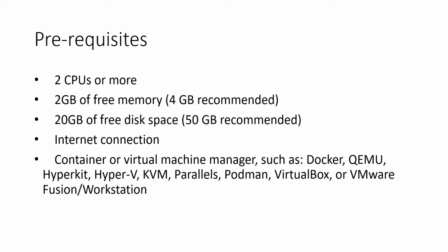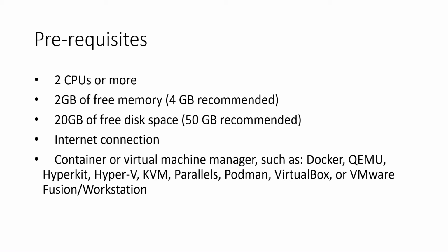If you got the prerequisites: for your machine you need to have a minimum of 2 CPUs and a minimum of 2 GB of RAM, and 4 GB is recommended. Similarly, you need a minimum of 20 GB of free disk space, and again 50 GB is recommended.